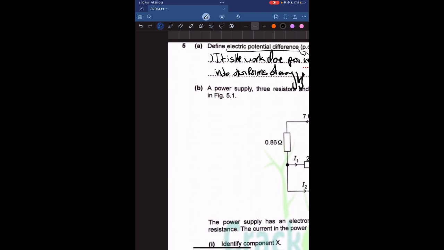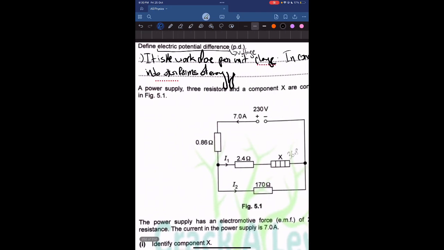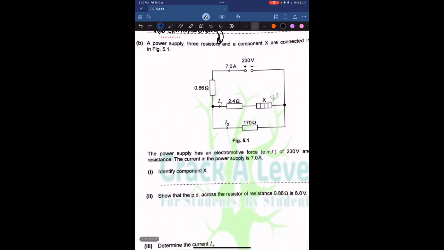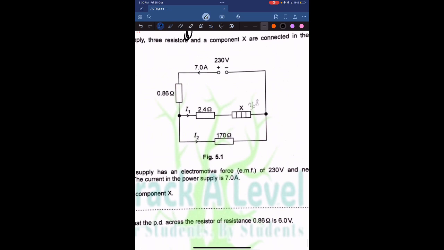Oh my god, that's the worst looking Y I've drawn in a while. Okay, now you may ask, how or why is that? Well, potential difference literally means when there is a difference of potential. Think of potential as a quantity of charge. If there is a wire, let me just draw a wire.